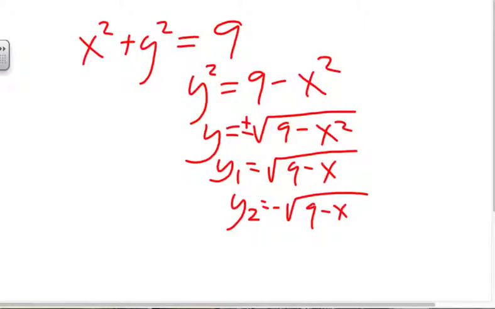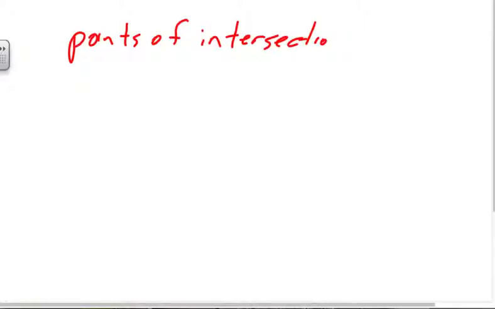The other thing you're going to deal with on TIs is they will be able to find points of intersection for you. Do not ask me where to find these. I'm not going to tell you, except right now. They're under the calc button.